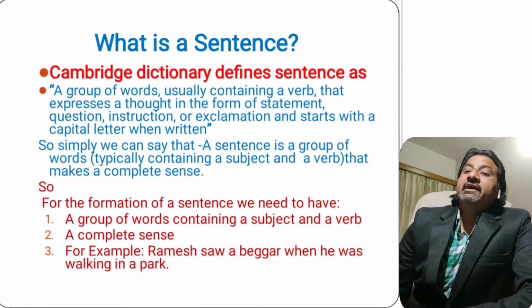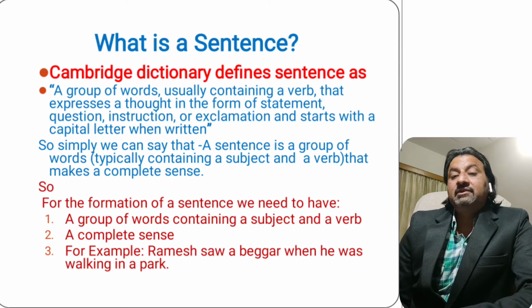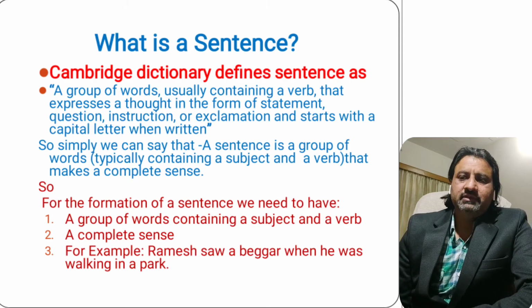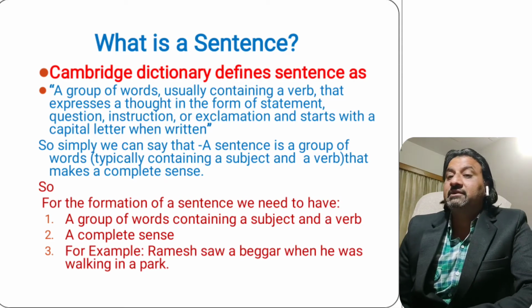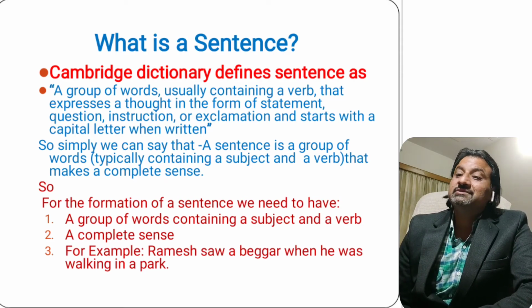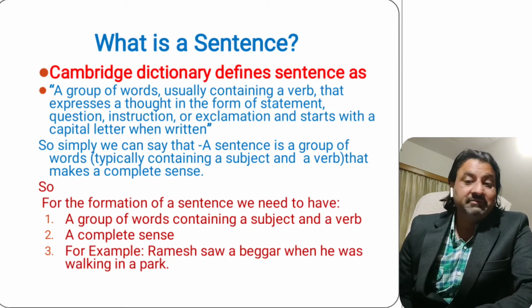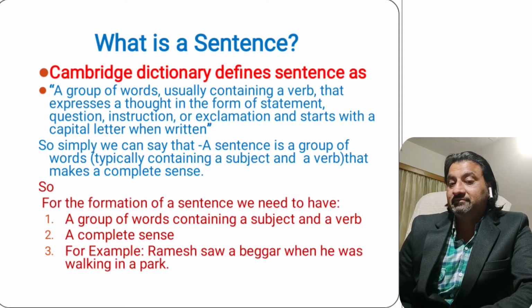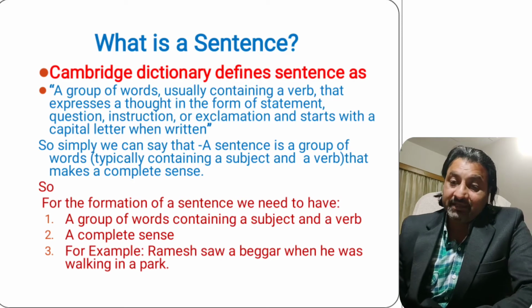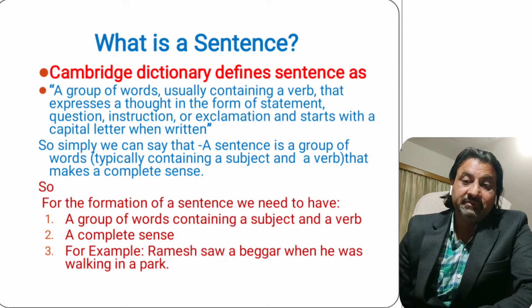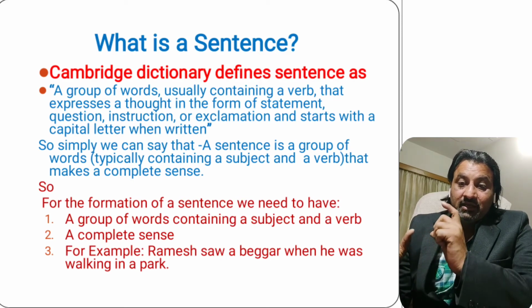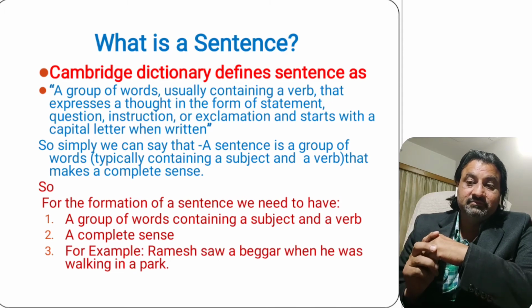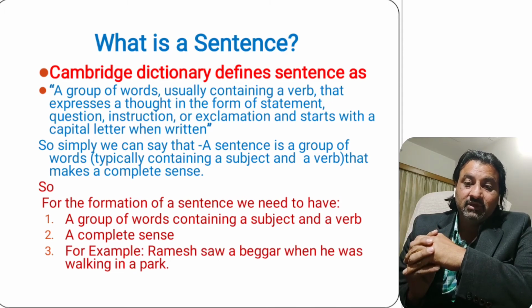Cambridge Dictionary defines a sentence as a group of words, usually containing a verb, that expresses a thought in the form of a statement, question, instruction, or exclamation, and starts with a capital letter when written. So simply we can say that a sentence is a group of words typically containing a subject and a verb that makes complete sense.